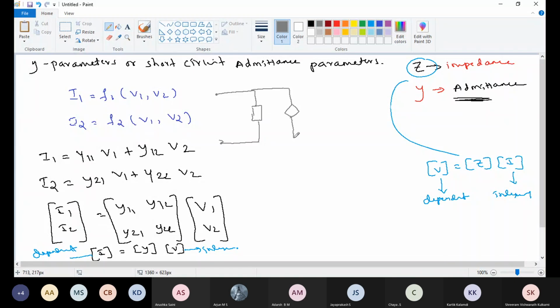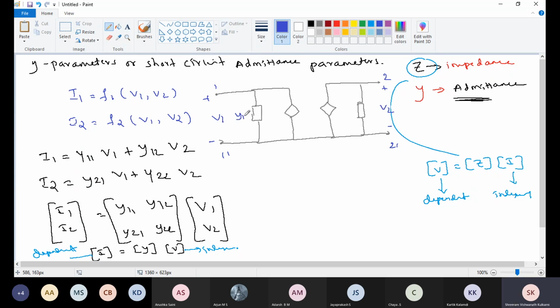Now I can write the diagram equations. Just see how I am drawing this equivalent circuit diagram. Same ports 1, 1 dash, 2, 2 dash, with plus and minus V1 and V2.